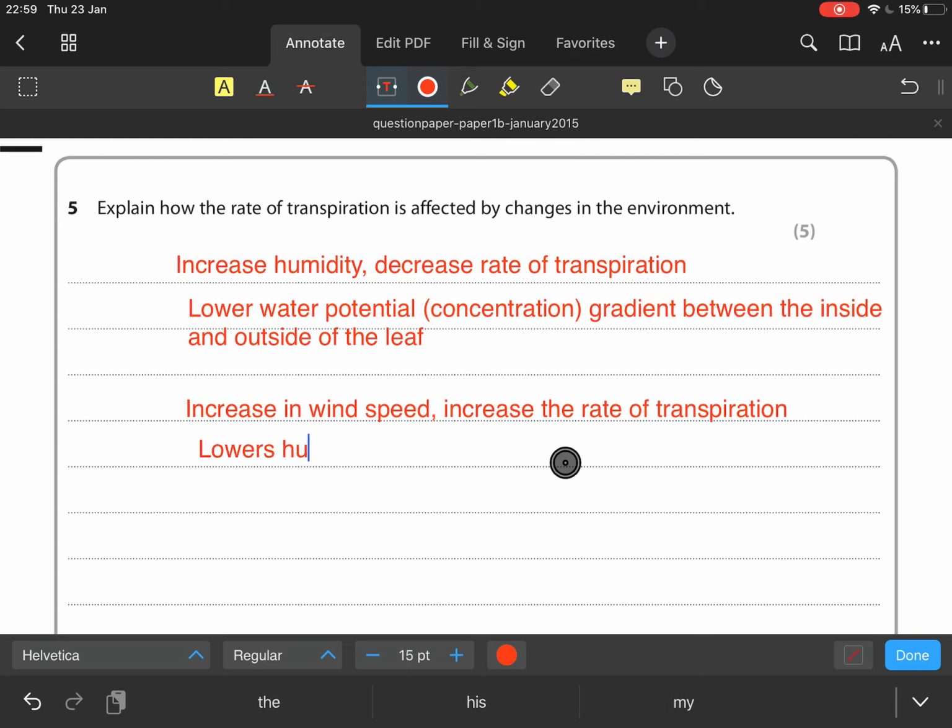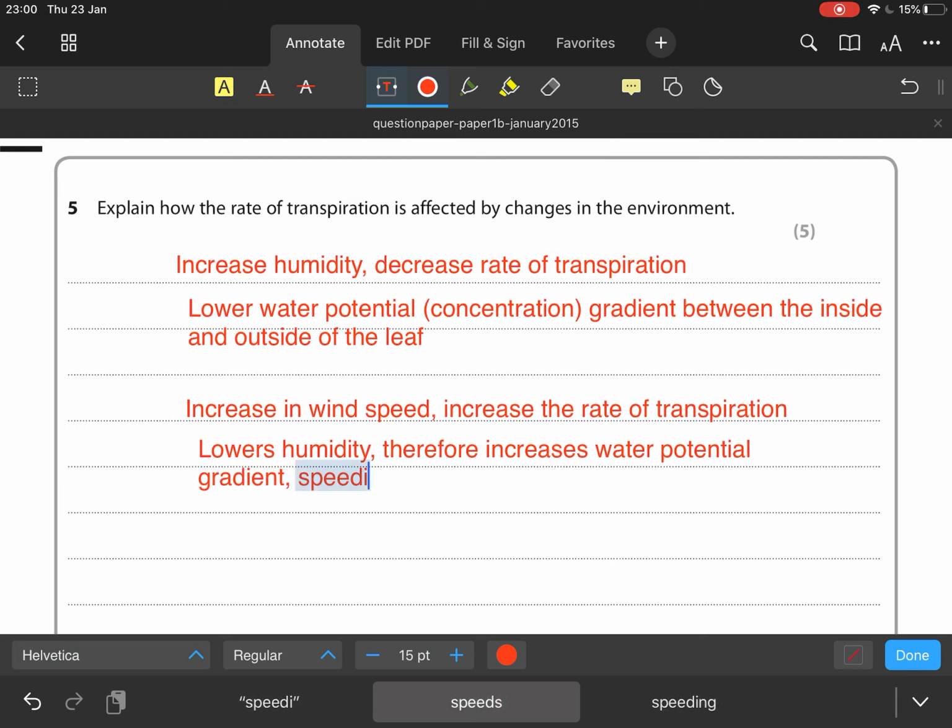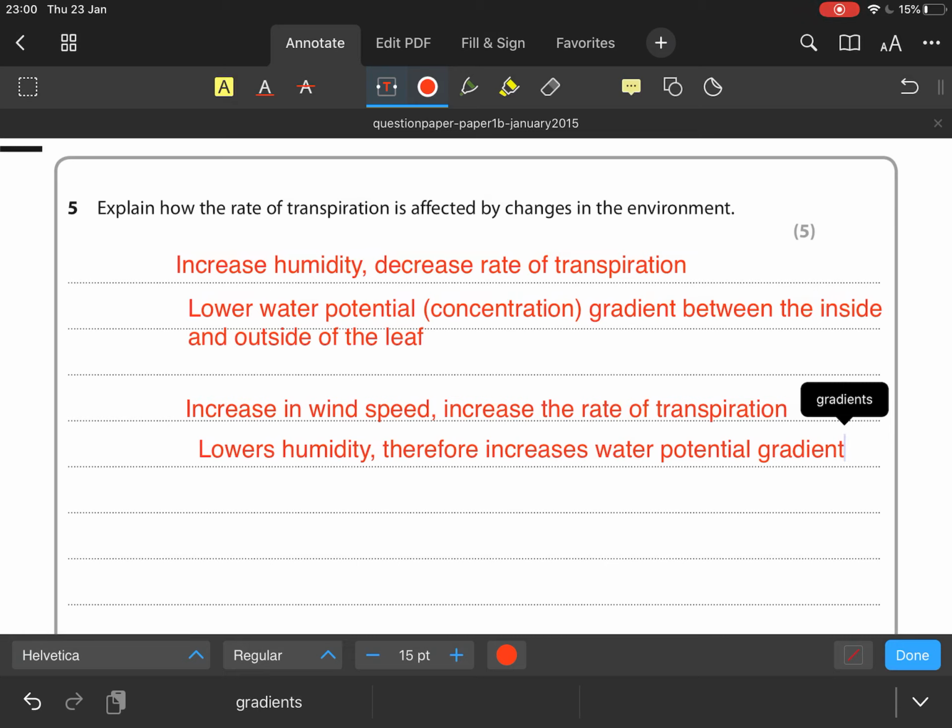It lowers humidity, therefore increases water potential gradient, and therefore speeds things up. So if you increase that water potential gradient, water is now going to move faster from the inside of the leaf to the outside.